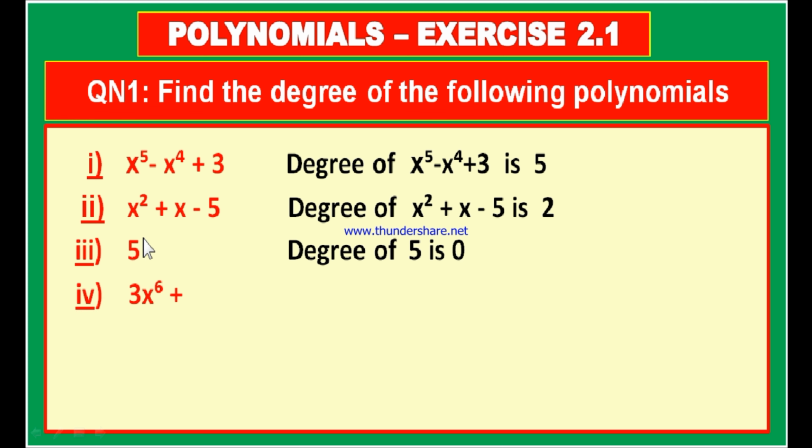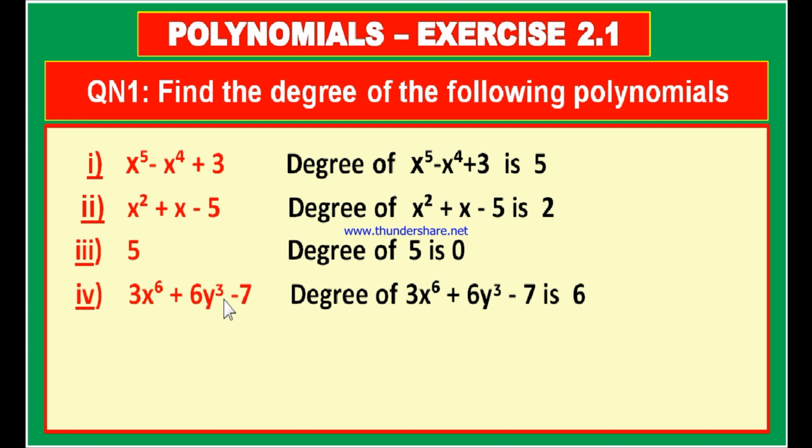Now, fourth bit. 3x power 6 plus 6y cube minus 7. The fourth polynomial is 3x power 6 plus 6y cube minus 7. In this polynomial, you can find 3 terms, 1, 2 and 3 terms. And how many variables can you find? Good. There are 2 variables.